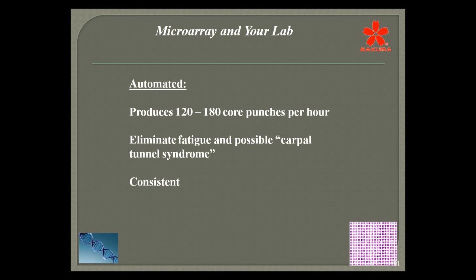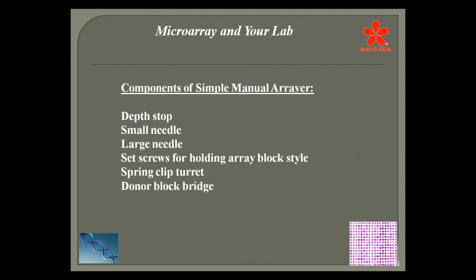That's quite rapid, and they're pretty precise. This will eliminate fatigue and the possible carpal tunnel syndrome that we hear so much about with the work that we all do in histology. Ergonomically, the automated is certainly a better way to go. And the last but not least is usually fairly consistent.